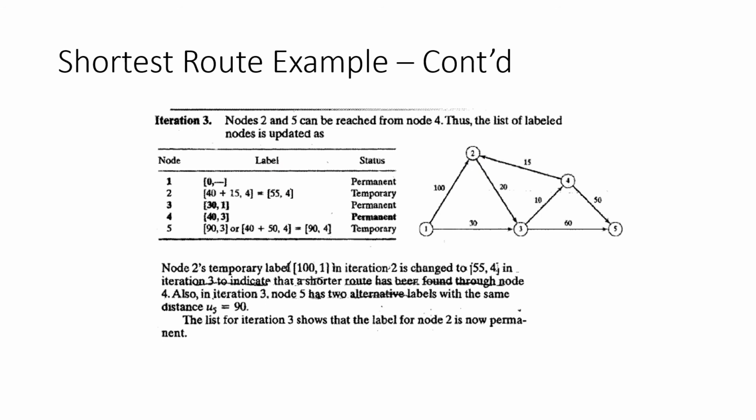You can see here what I mentioned in the previous slide, that node 4 was selected to have the permanent label, in addition to the original nodes 1 and 3 that had permanent labels. Now I have to recalculate the labels for nodes 2 and 5, because those are the only 2 left without permanent labels.